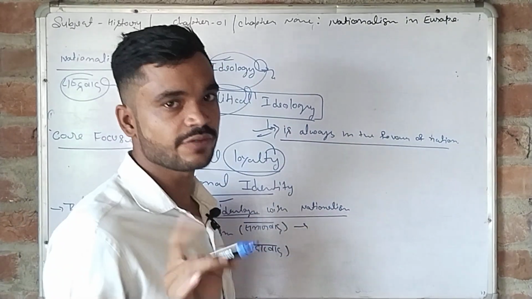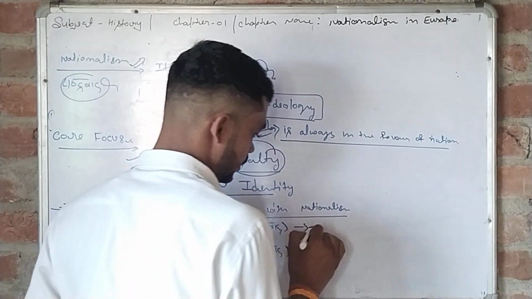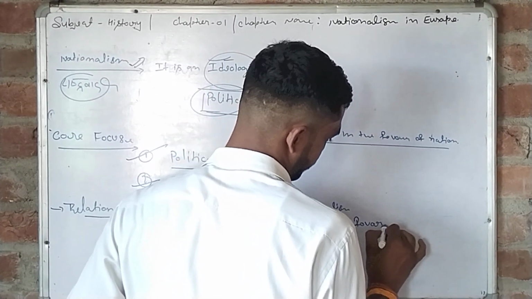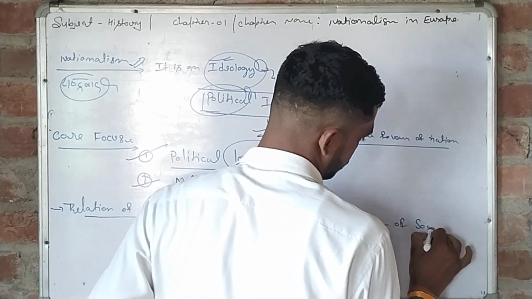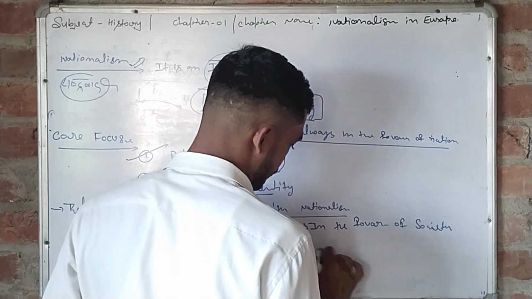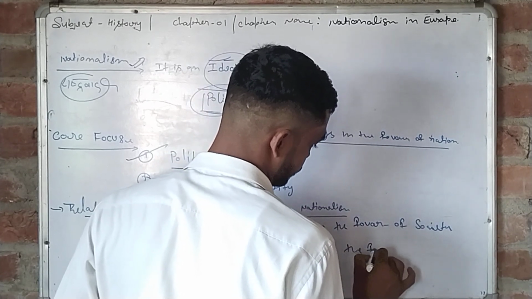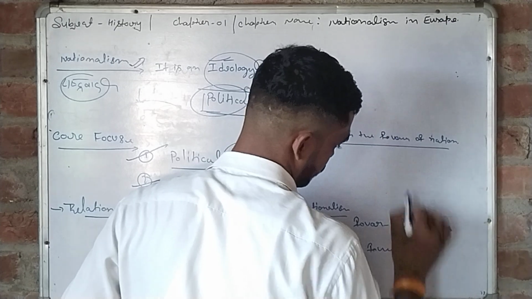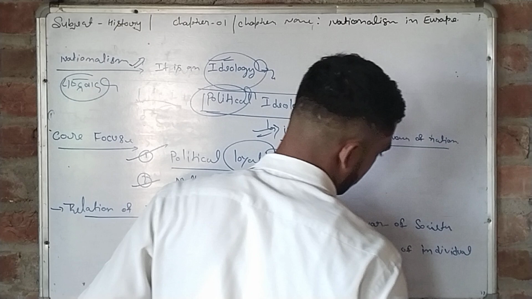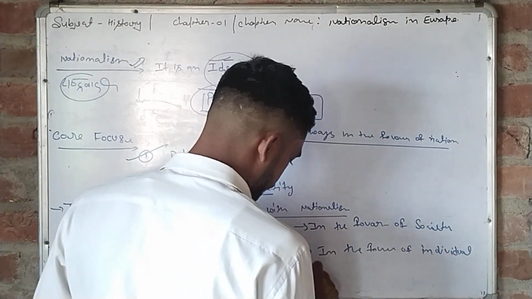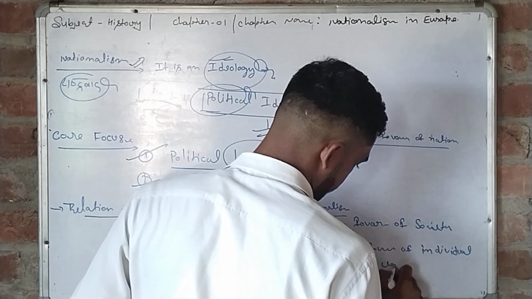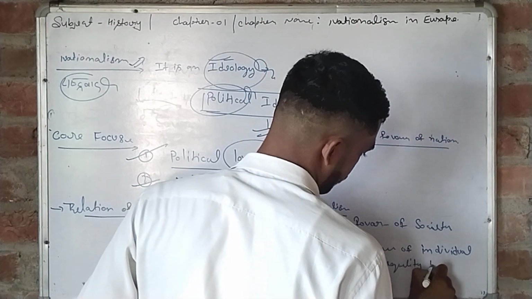Socialism is the ideology which is in favor of society, and liberalism is in favor of individual freedom and equality before law.